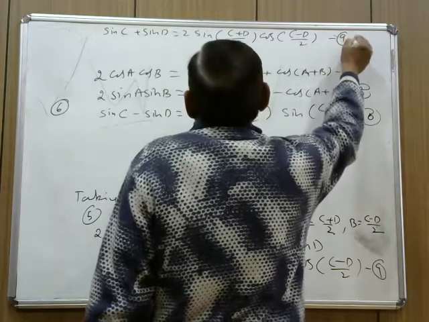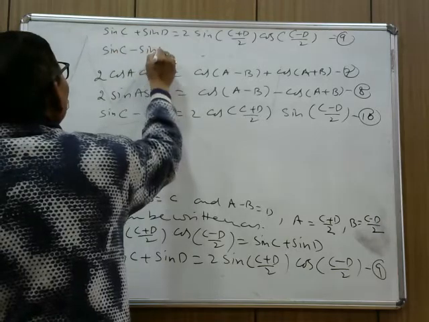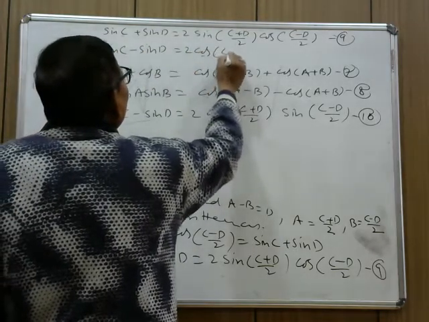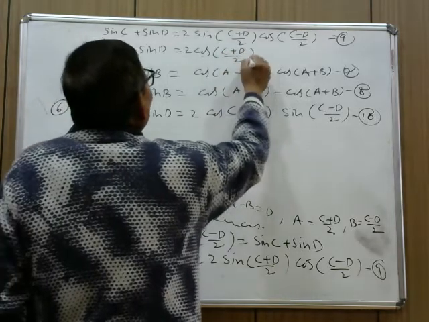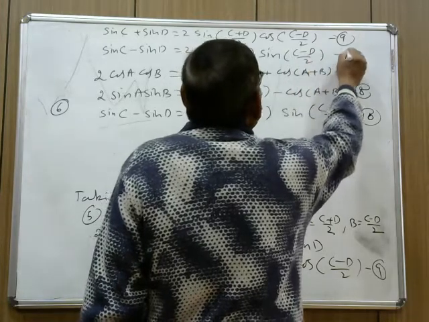This is 9. And sin C minus sin D is equal to 2 cos (C plus D)/2 into sin (C minus D)/2. This is 10.